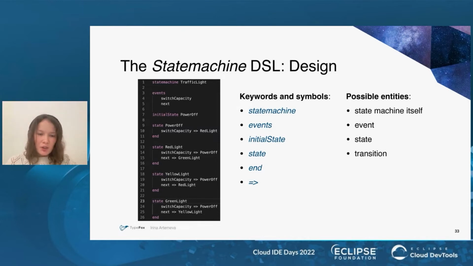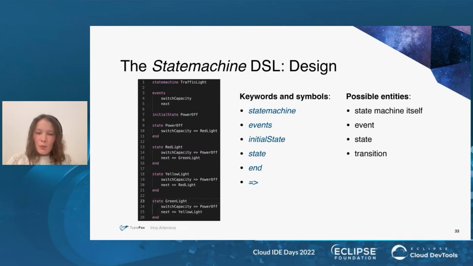In addition, each of these entities has its own properties. For example, the properties that are important for a state are its name and list of transitions. The properties that are important for the state machine itself are the list of states, list of events, initial state, and of course, the name of the state machine.